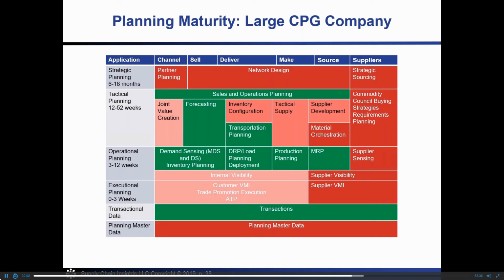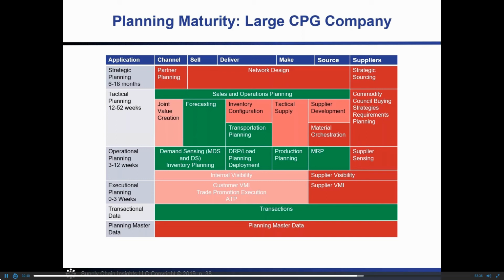Forecasting on the demand side is where I'm going to take that time-phased snapshot in the river of demand to be able to translate across the organization in the tactical horizon, which is typically 12 to 52 weeks out, and can be in weekly or monthly buckets. And demand sensing translates the tactical forecast, or that snapshot, into daily buckets to be consumed into DRP. DRP is distribution requirements planning.